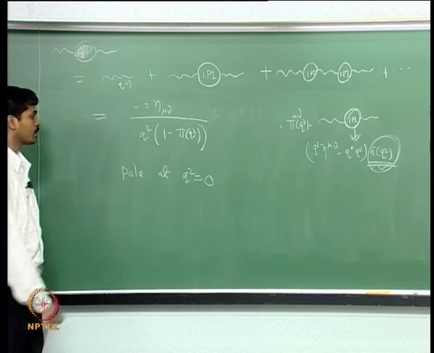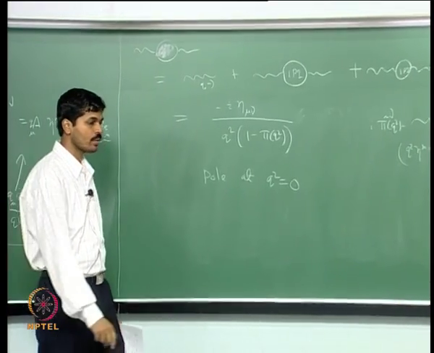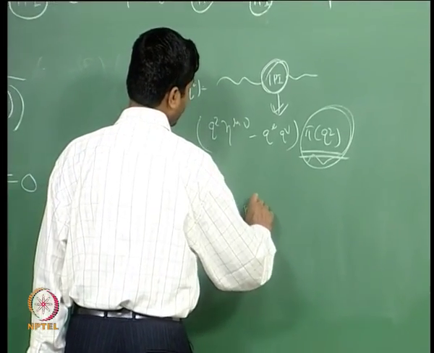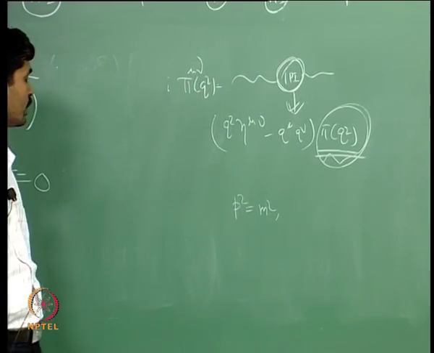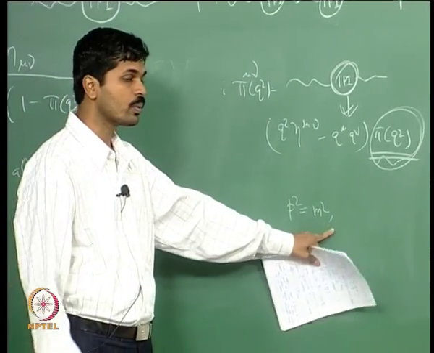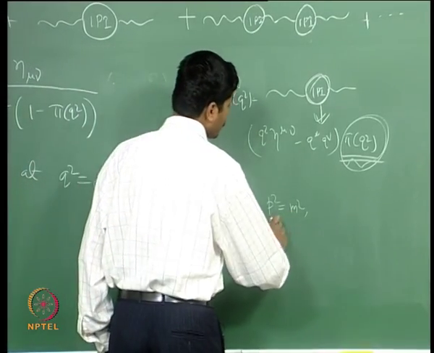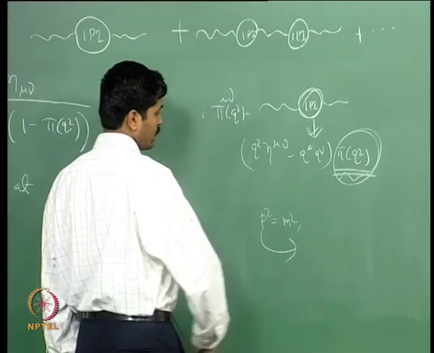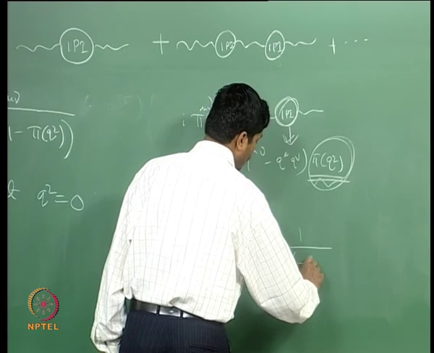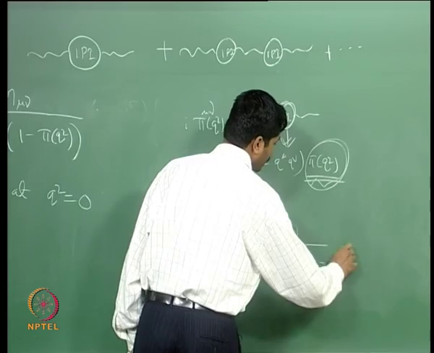Remember, in contrast, when we evaluated the electron self energy diagram, we did not have just a simple pole. We had a simple pole at p square equal to m square, but in addition we had a double pole, triple pole and so on at p square equal to m square, and when we summed up all contributions, at the end of the day we got a simple pole which is given by p slash minus m 0 minus sigma of p slash or something like that.